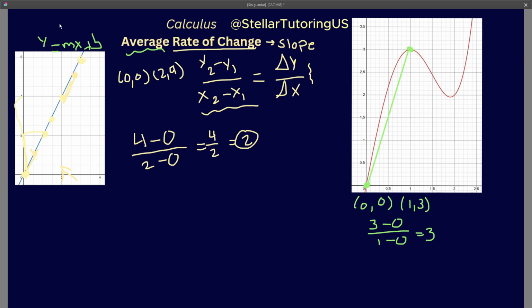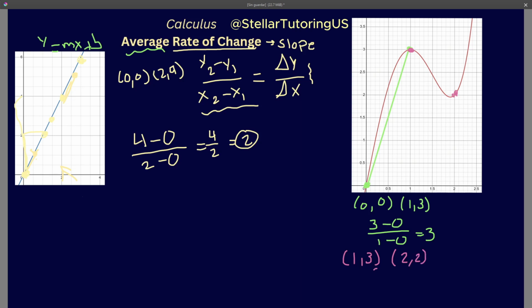So why not, instead of 0 and 1 for x values, why don't we try 1 and 2? So this is going to work out to 1, 3, and then 2, 2.